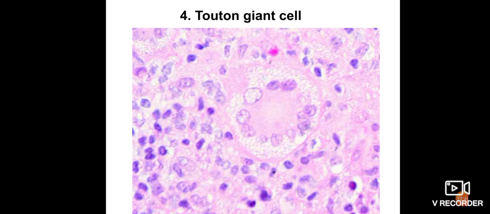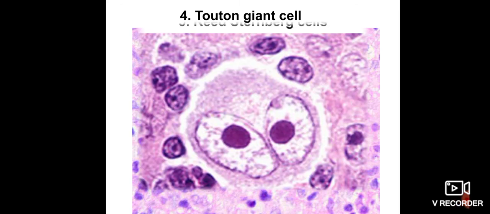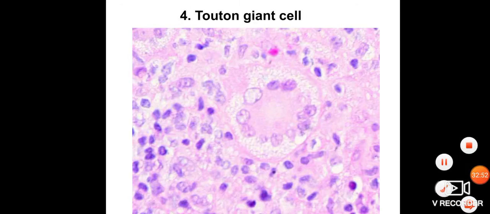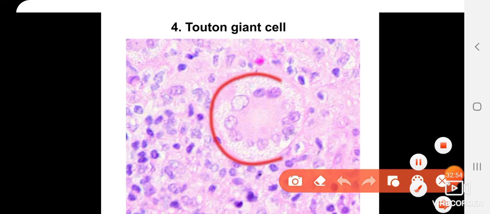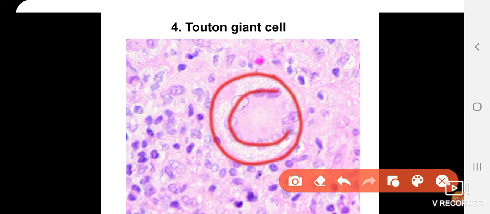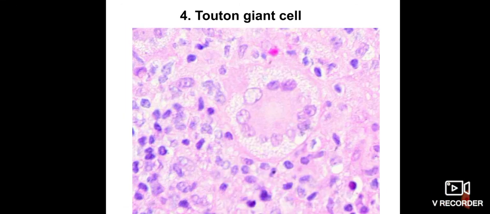That is called a wreath. So this whole thing is your cell. This is the wreath-like arrangement of the nuclei, and around the nuclei you can see this foamy, vacuolated cytoplasm. That is the characteristic Touton giant cell, which is mainly seen in xanthomas.